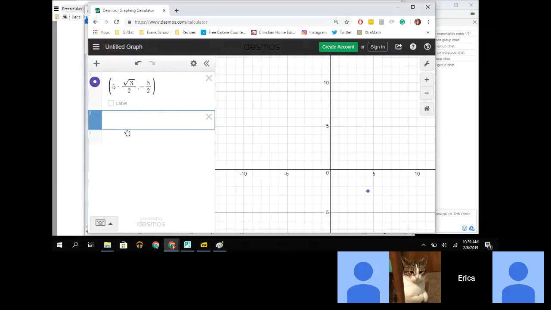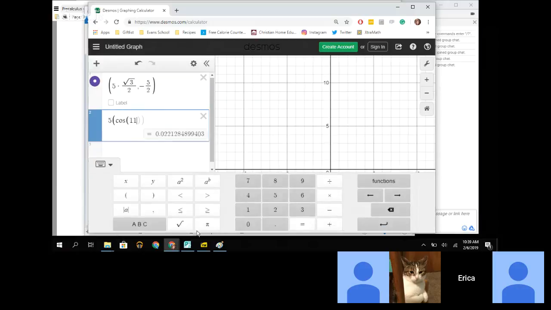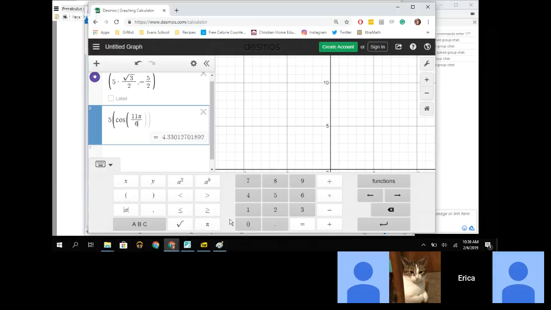What I mean by that is that my complex version of this number should be 5 times the cosine of 11 pi divided by 6. And then if I'm going to write this times the sine, nope, it's not going to let me do that. Sorry, guys.